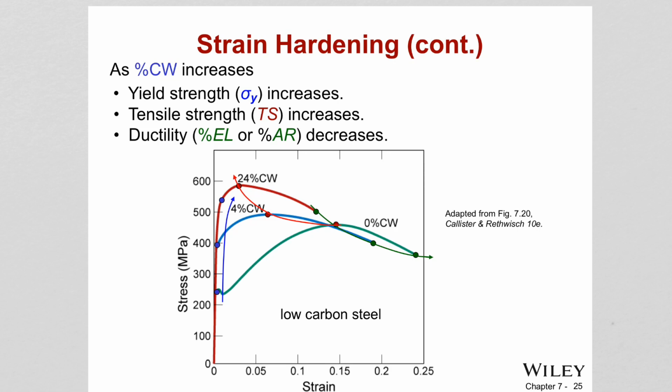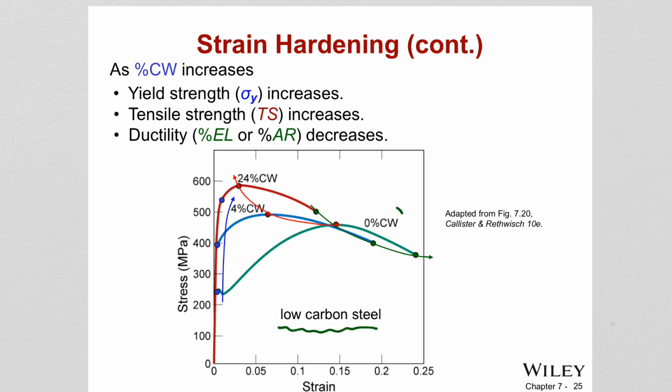As the amount of cold work increases, the yield strength increases, the tensile strength increases, and ductility decreases. Okay. How do we know? From experiments performed on, for example, low carbon steel.